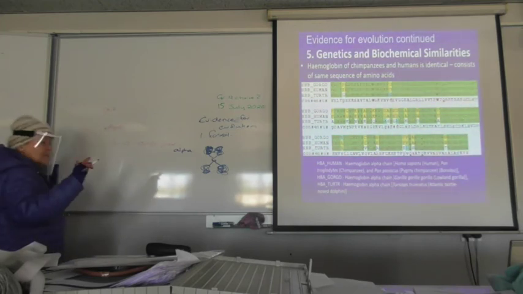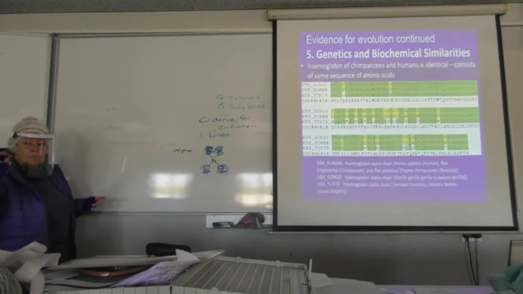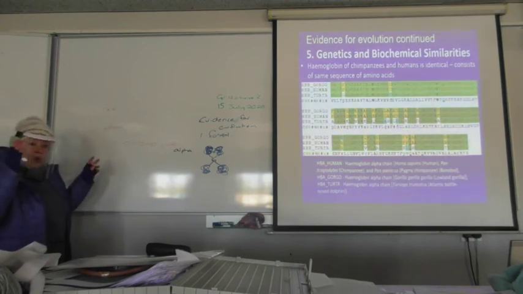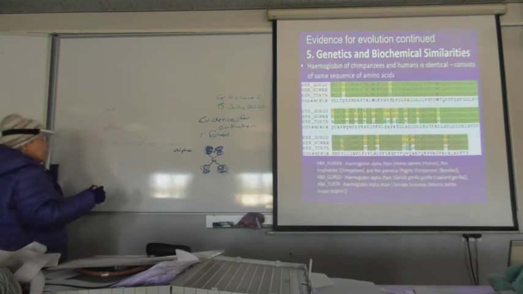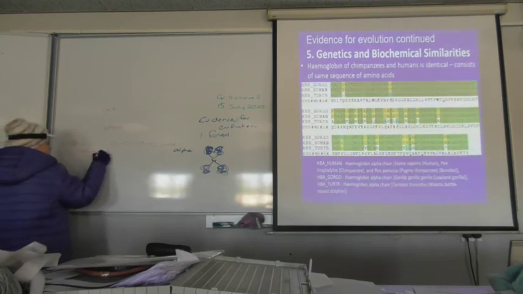Right. So if I want to say to you, how close are humans to chimpanzees? How closely related are humans, chimpanzees, and dolphins? Which two are more related of those? Then I would take a particular protein, and in this case, the particular protein that I've chosen is the alpha chain of hemoglobin.